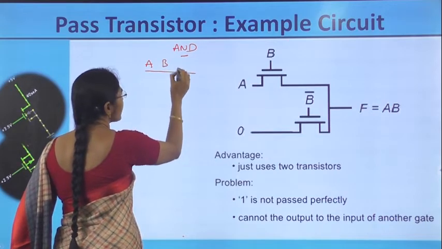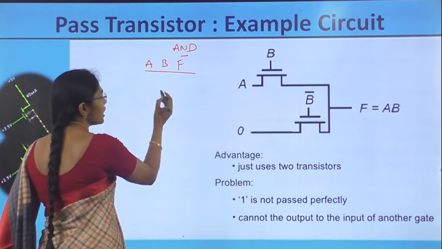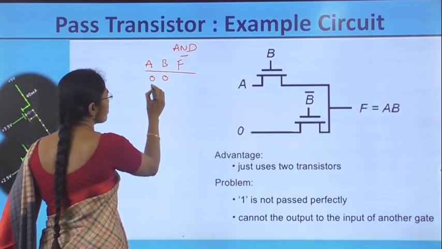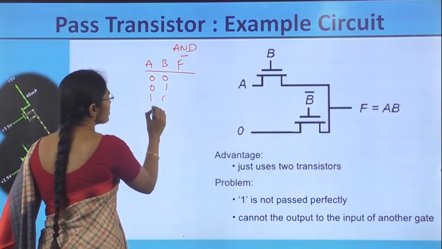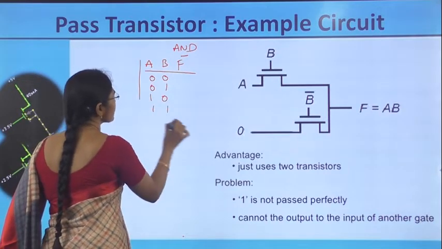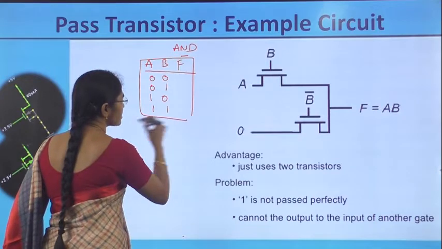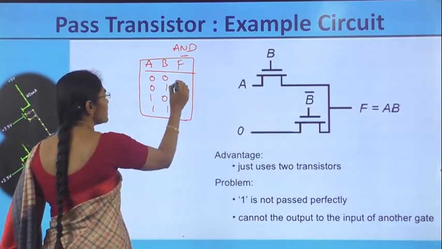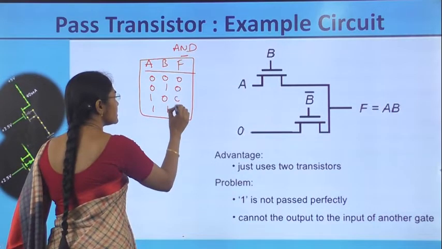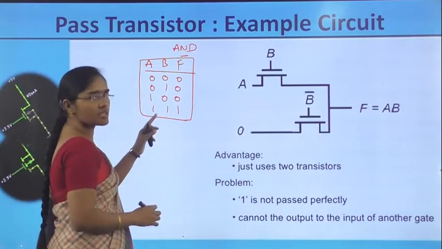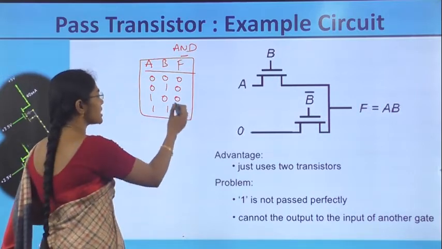So let us take an AND gate with inputs A, B and output F: 0 0, 0 1, 1 0, 1 1 are the 4 combinations for a 2 input AND gate, and output is equal to 0, 0, 0, 1, because only when both inputs are 1 will the output be high.